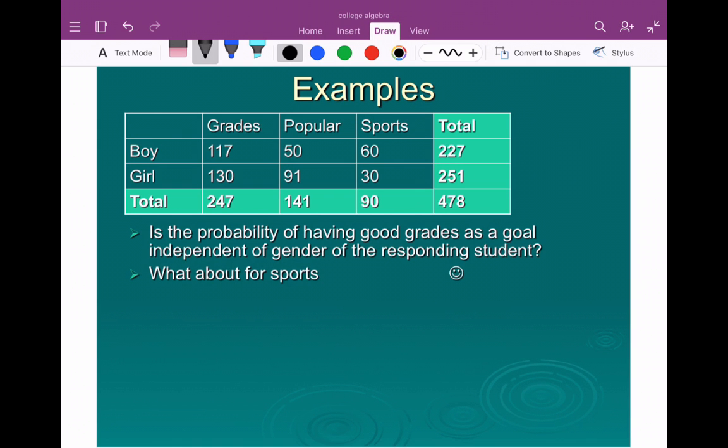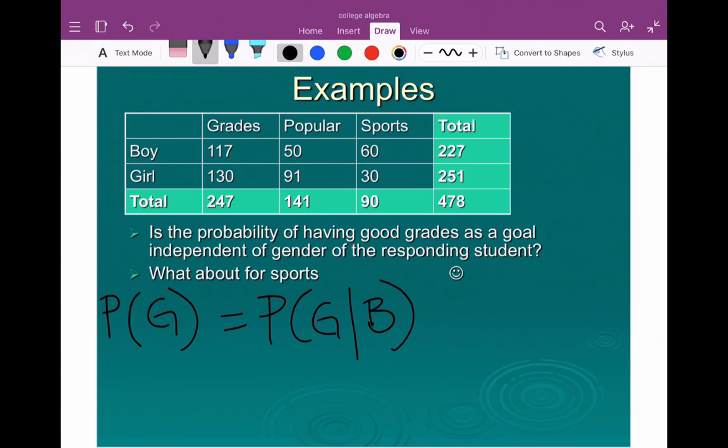For example, we want to find out if the probability of having good grades as a goal is independent of the gender of the responding student. So to find out if getting good grades versus gender is independent, we calculate whether the probability of getting good grades is equal to the probability of getting good grades given we know their gender. They're not being specific here, so we can just say being a boy.